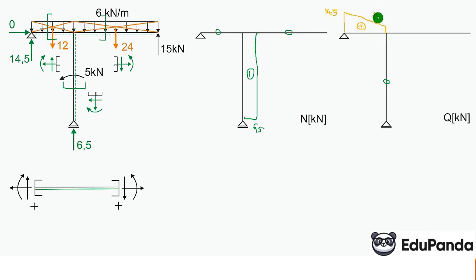Now we need to look at the beam from the right side. Here, we know that the directions are opposite, meaning the positive direction of the shear force is downwards, while this 15 is upwards, making it negative. And we have the negatives at the bottom, which means on the bottom side.